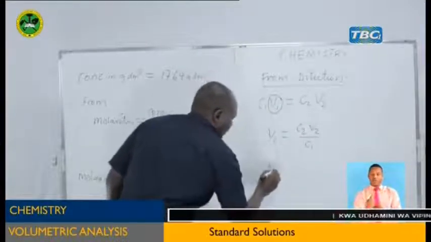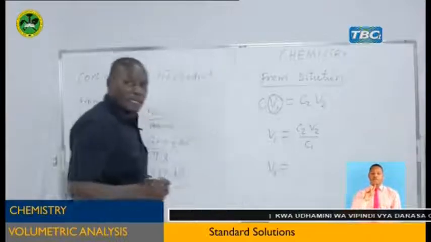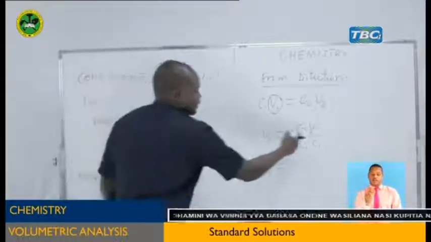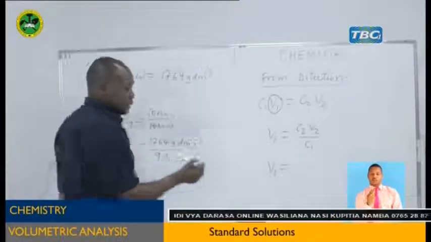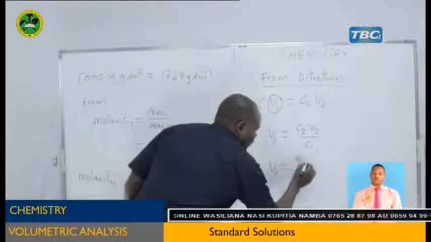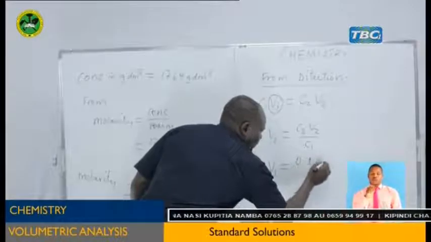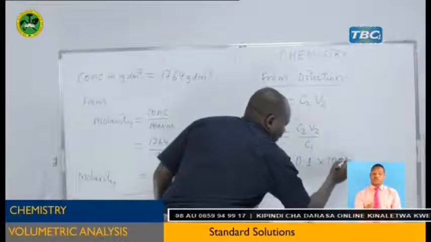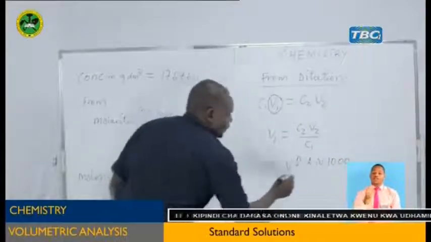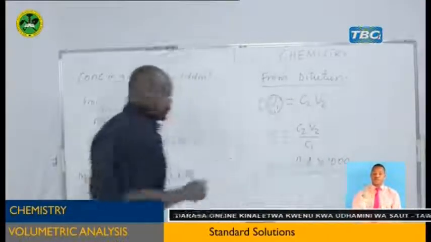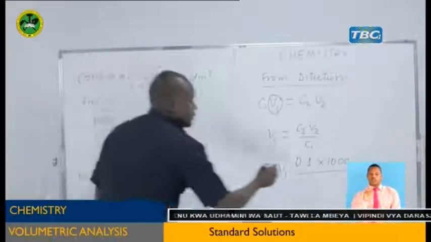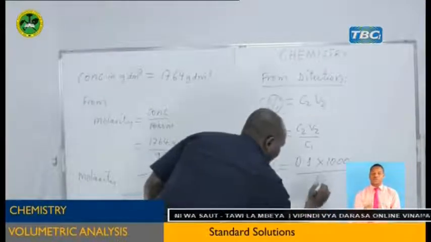C2 is the molarity we have asked you to prepare, 0.1 molar, times the volume of 1 liter, which is 1,000 cubic centimeters, divided by the molarity of the concentrated solution, which is 18.